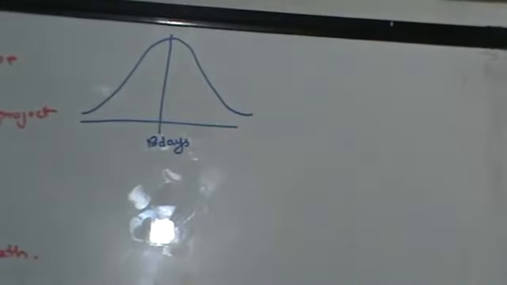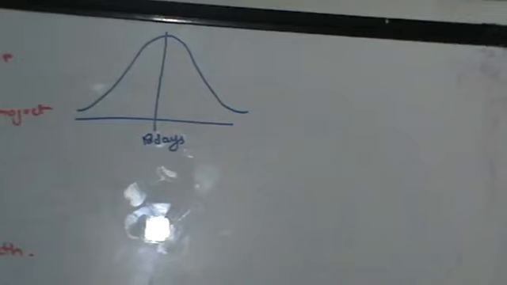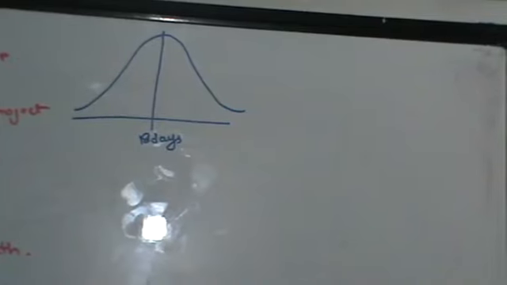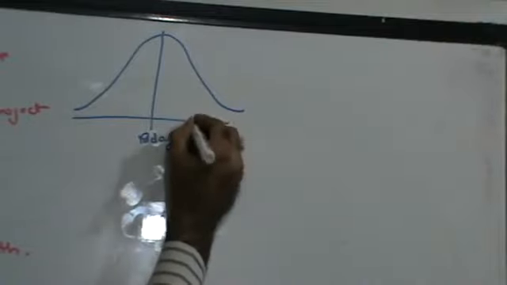Let's draw the bell curve for this. This is my bell curve. This is 18 days. I want 21 days. I know that 21 days will be ahead of 18 days. Let us assume that 21 days is somewhere here.